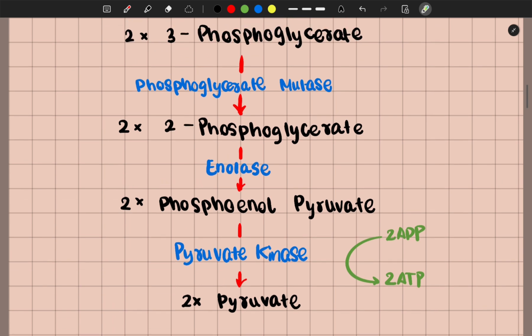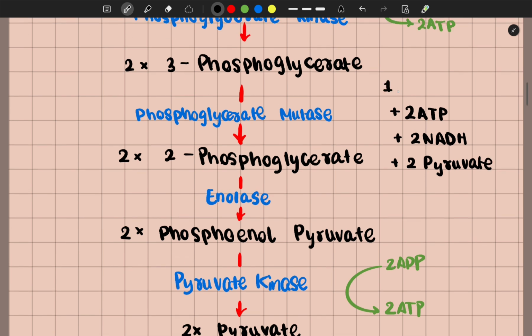So by the end of the glycolysis pathway, let's write this down here, we have created a net gain of two ATP molecules and a net gain of two NADH molecules, along with two molecules of pyruvate, which is a 3 carbon molecule. So, for every glucose molecule that enters the cytoplasm, we get the following results.